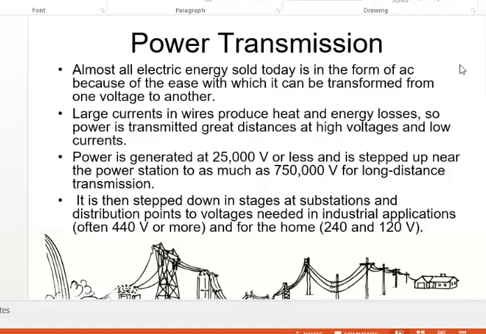Do you know why? Because the power station produces power only at 25,000 volts or even less, but before supplying it, it is converted into 7,50,000 volts, because it is supplied to a distant place. So if it is at high voltage and low current, then there will be less dissipation, and this is done by a step up transformer.